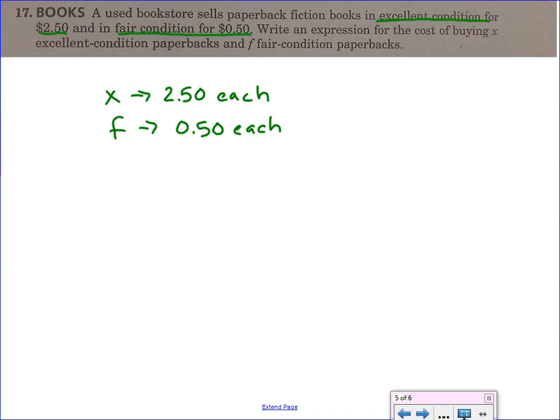So it's going to be however many X books you buy times $2.50 plus however many F books you buy times 50 cents. So my algebraic expression for this one is going to be 2.50x.